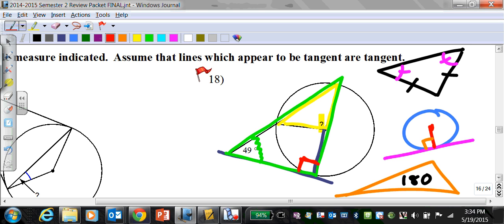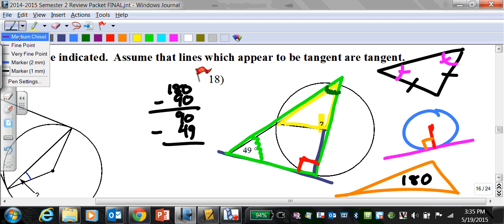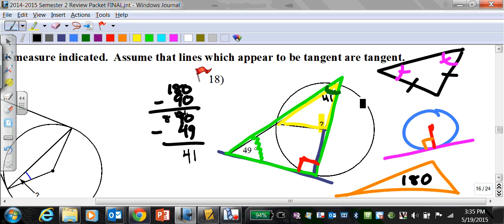This is 90. You should be able to get this little toe angle out there. And you should have gotten 41.